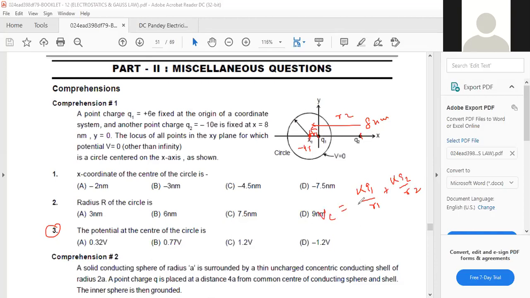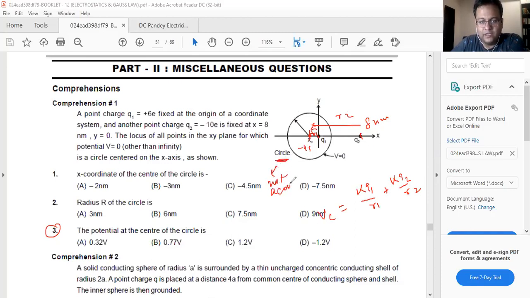Sir, that is not a conductor, right? Not a conductor, it is just an imaginary circle at which we are trying to find the potential. Not a conductor. It is a very common mistake. I don't know why many students do this. The moment they see any circle, they get confused between the Gaussian surface that we'll do in the next class, a conductor, and an equipotential surface. Right?